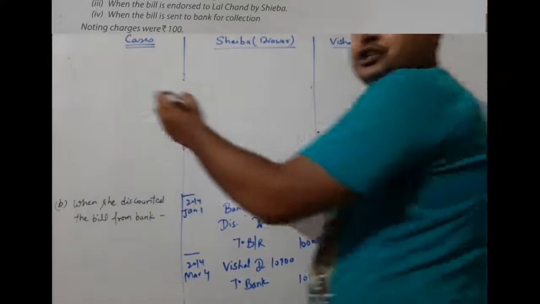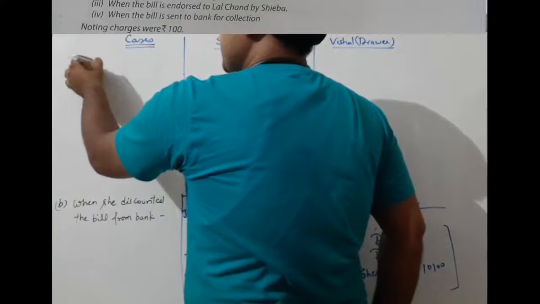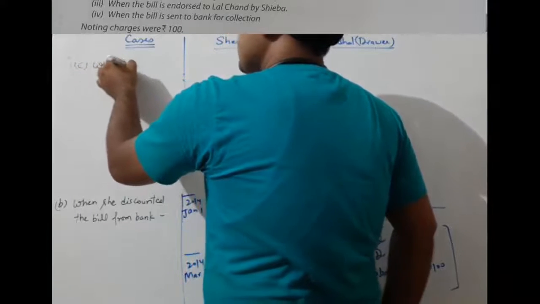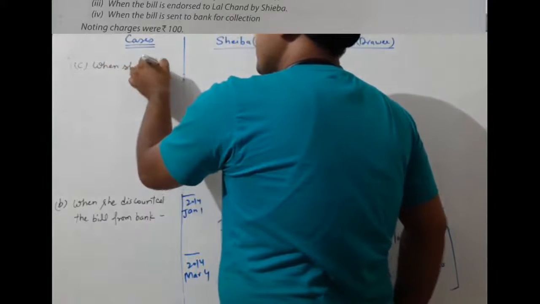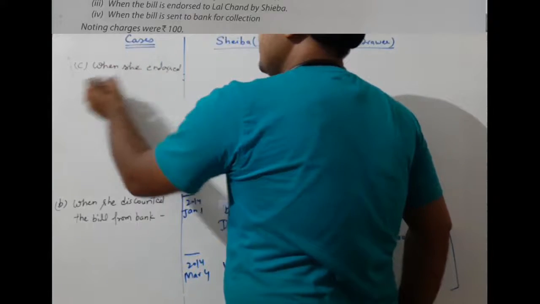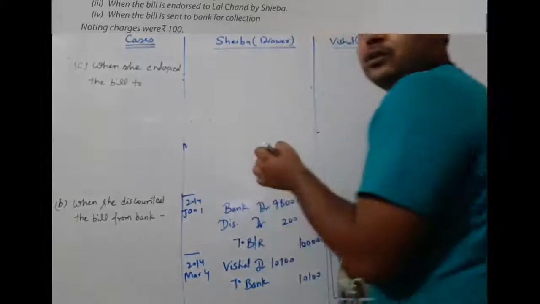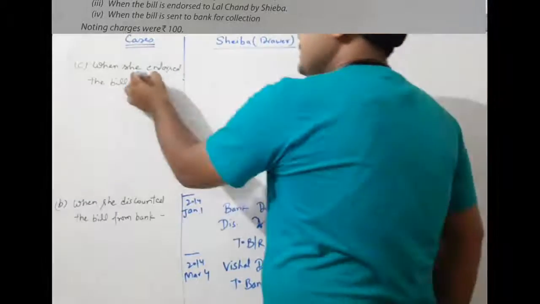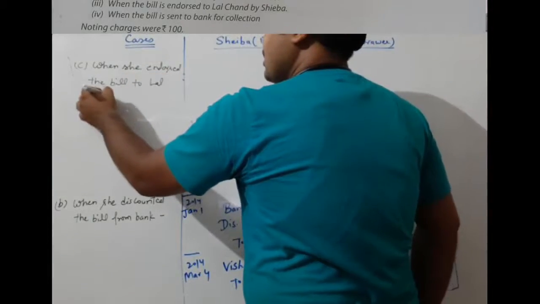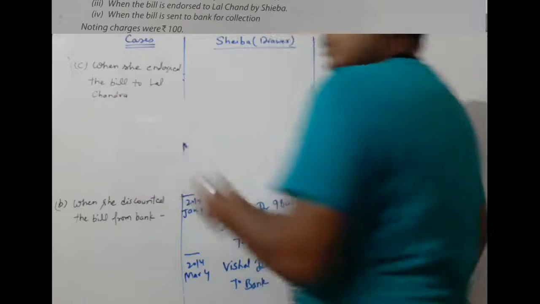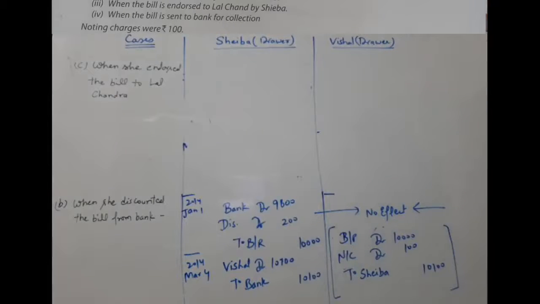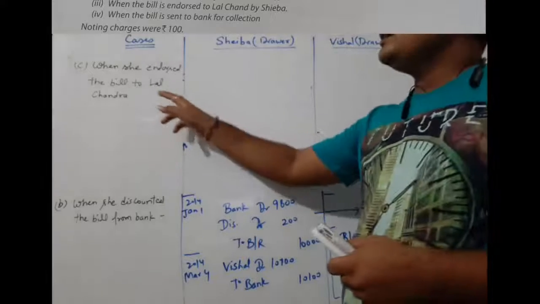The third condition will be when she endorsed the bill to, किसको endorse कर रहे हैं? That is Lalchand. Okay, so the third situation will be when she endorsed the bill to Lalchand.